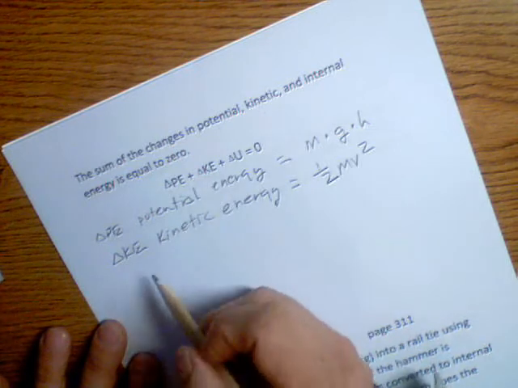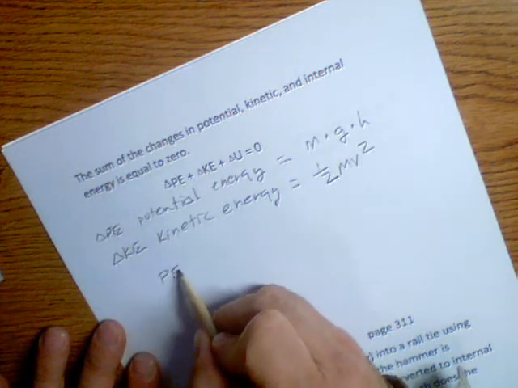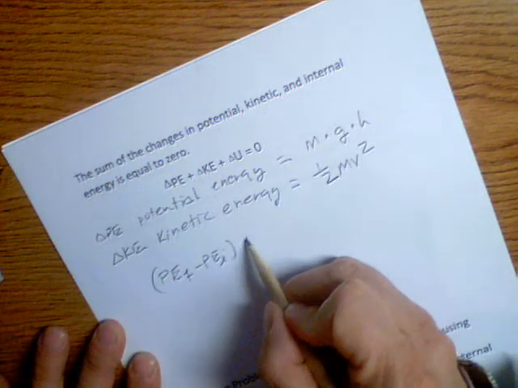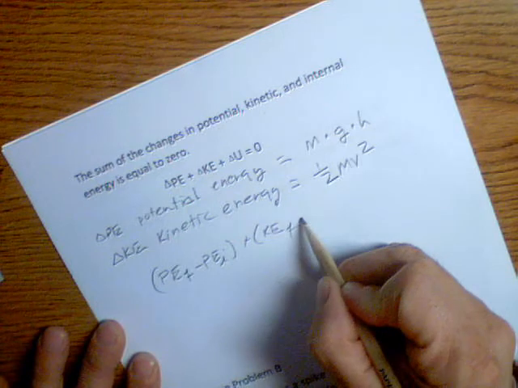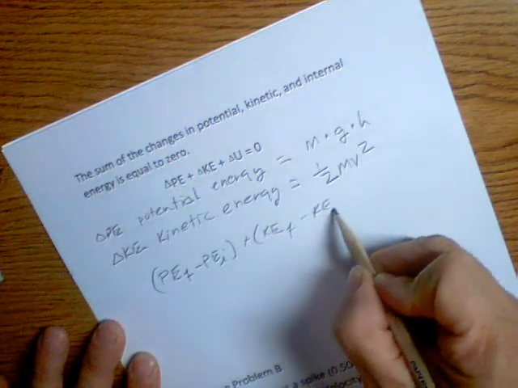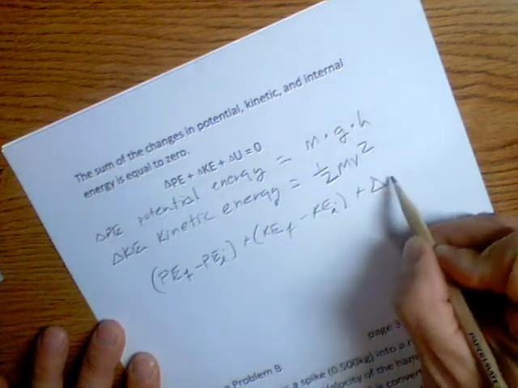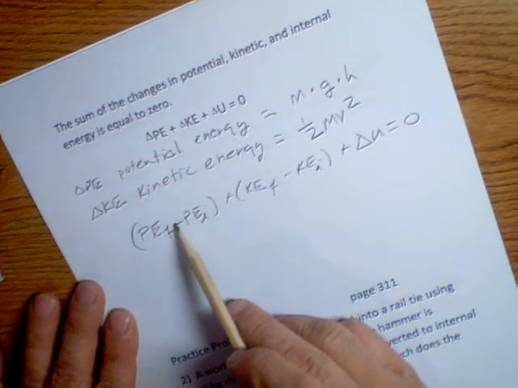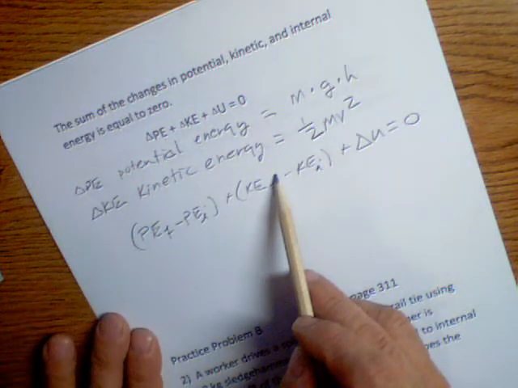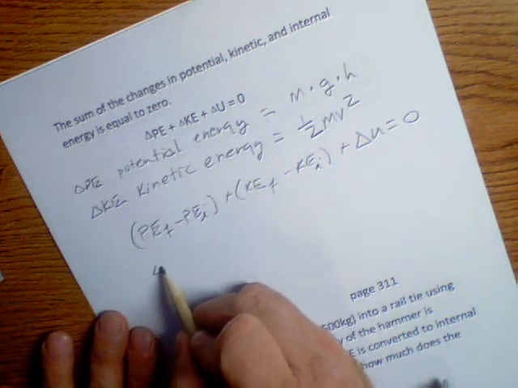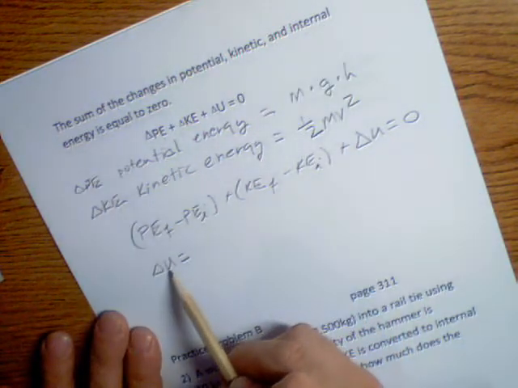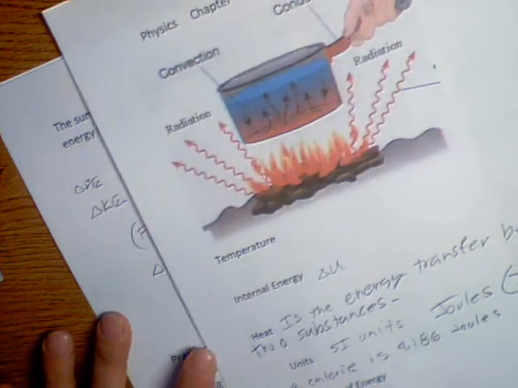So if we rearrange this equation: potential energy final minus potential energy initial, plus kinetic energy final minus kinetic energy initial, plus the change in U. That's basically what the change in potential energy and change in kinetic energy are. And if we rearrange this further, we can get U by itself to find the internal energy, which is delta U. As I mentioned before, delta U is internal energy.